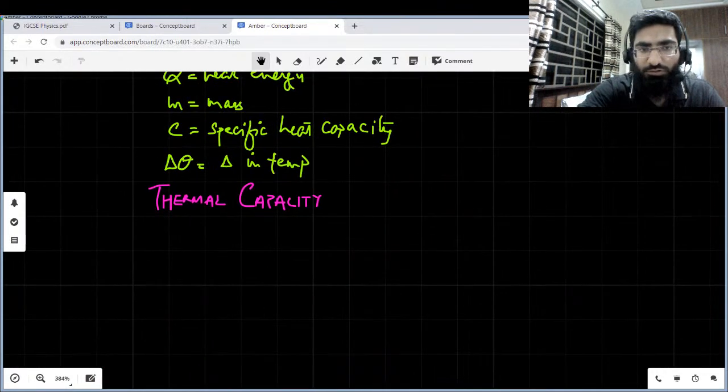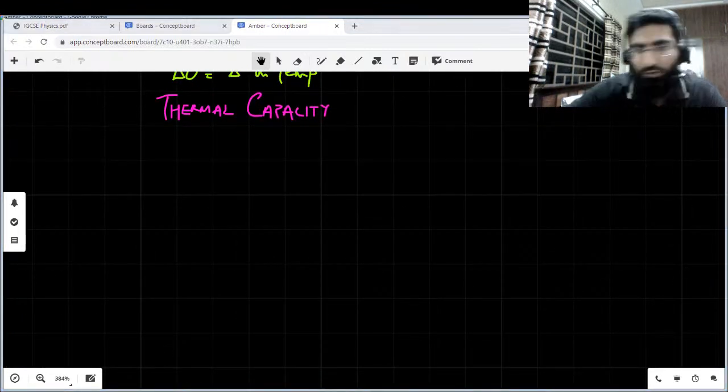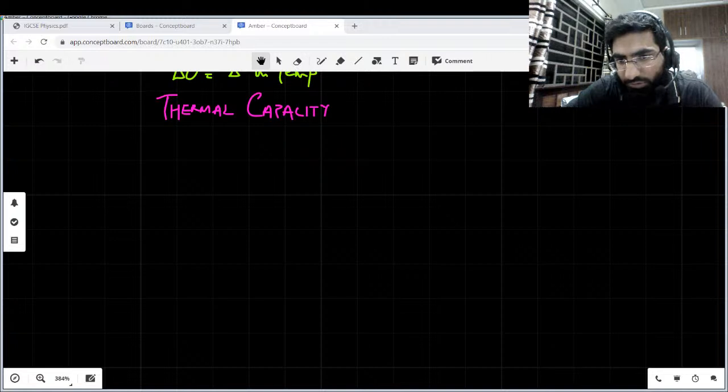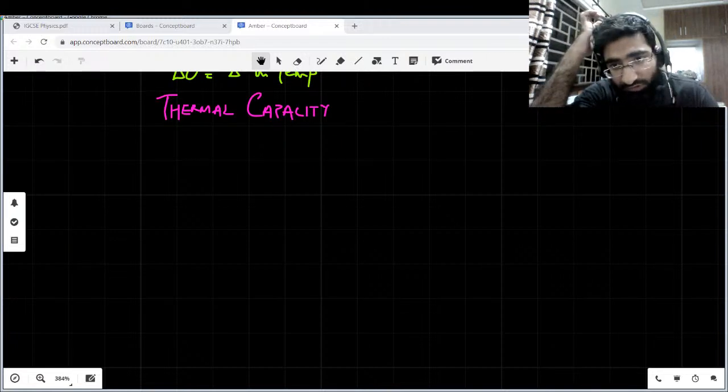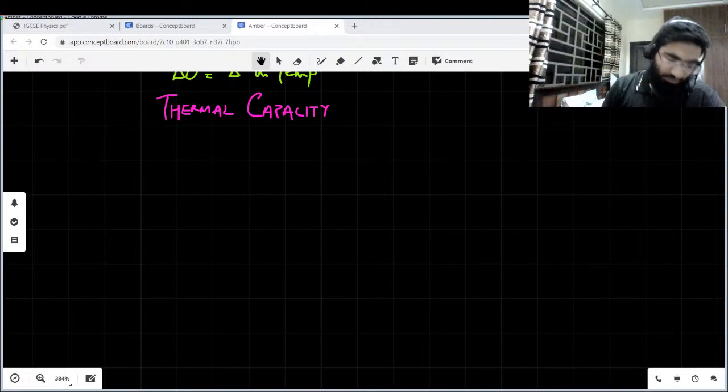Okay, so thermal capacity, in fact, let's write it. It's the amount of heat needed to raise the temperature of the whole body by 1 degree centigrade. Regardless of mass, for specific heat capacity it was just for 1 kg of mass. Thermal capacity is, let's say, heat capacity regardless of mass.